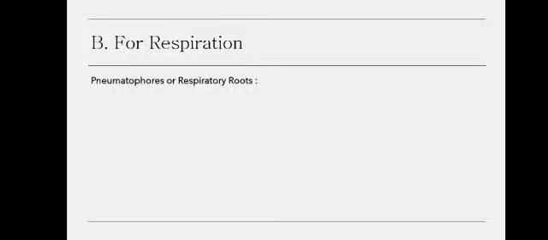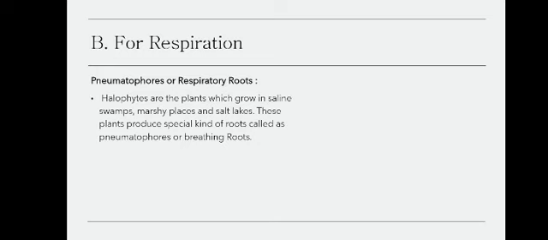In the next page, roots also modify for respiration. In that, pneumatophores are respiratory roots. Firstly, halophytes are the plants which grow in saline swamps, marshy places, and salt lakes. These plants produce special roots called pneumatophores or breathing roots.